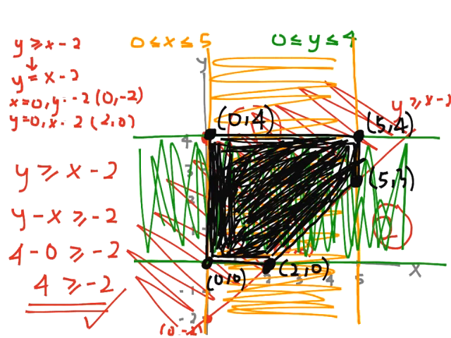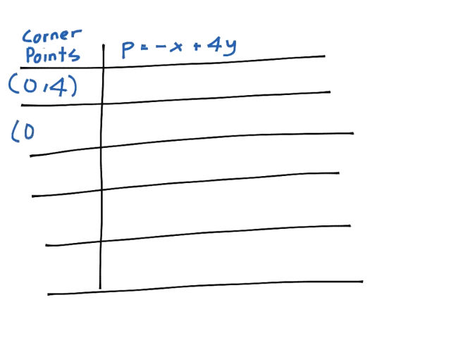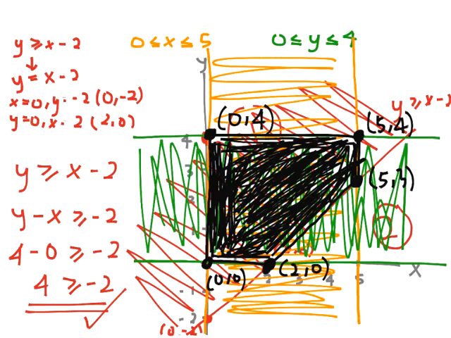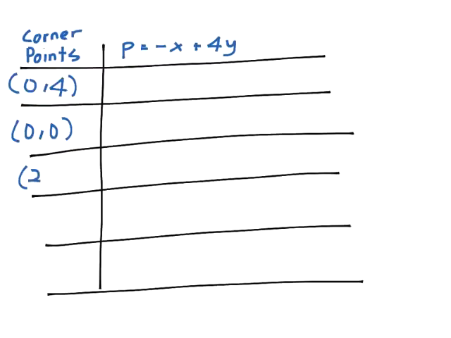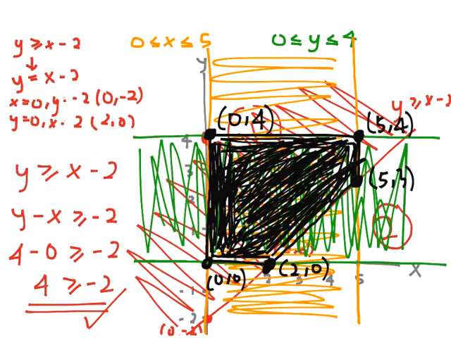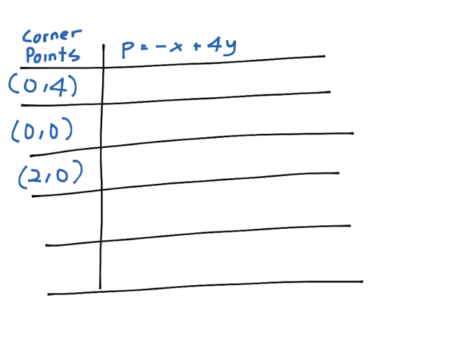The second corner point is (0, 0). The third corner point is (2, 0). The fourth corner point is (5, 3). And the last one is (5, 4).